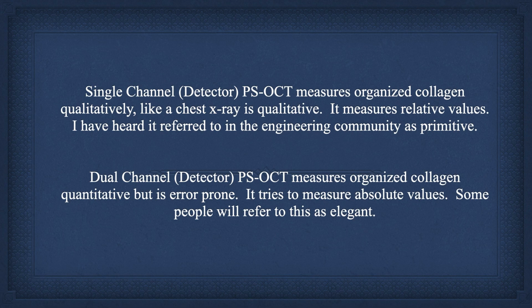Dual detector goes for the absolute value. It's going to measure the actual polarization state. It actually measures the polarization state at the detector. That doesn't necessarily mean that's the polarization state in the tissue. But some people will refer to this as elegant.